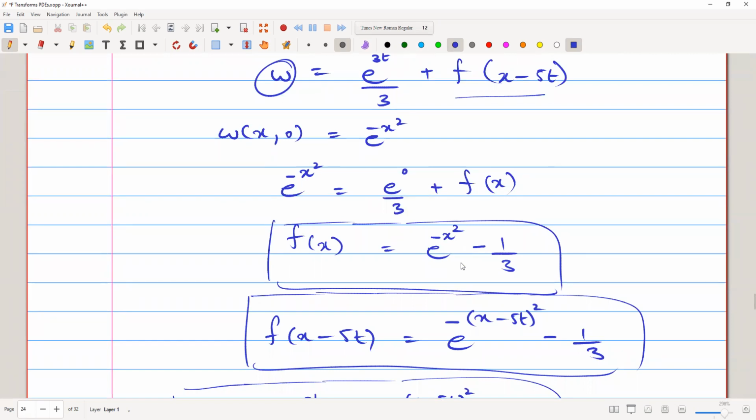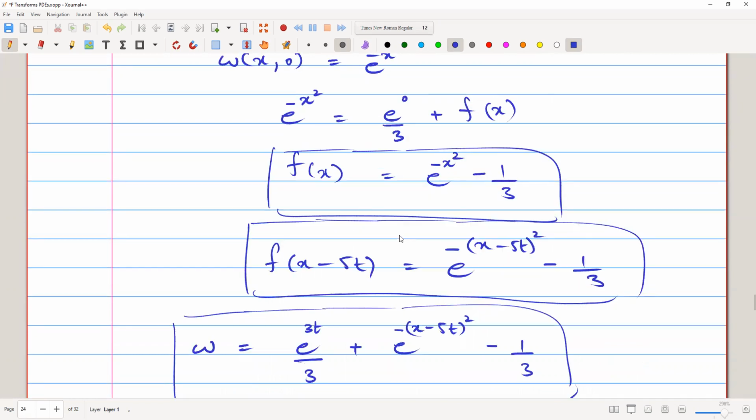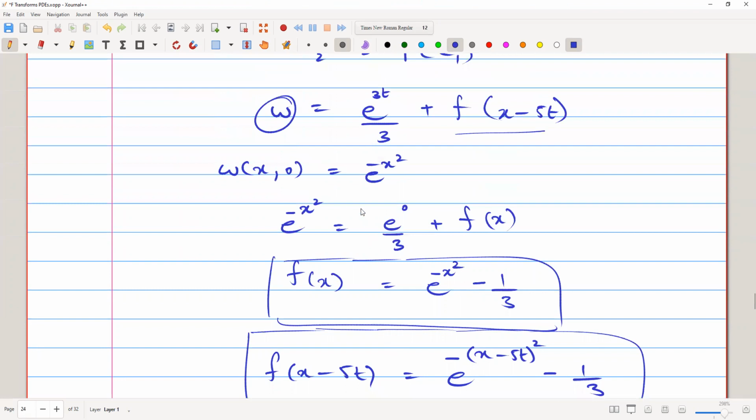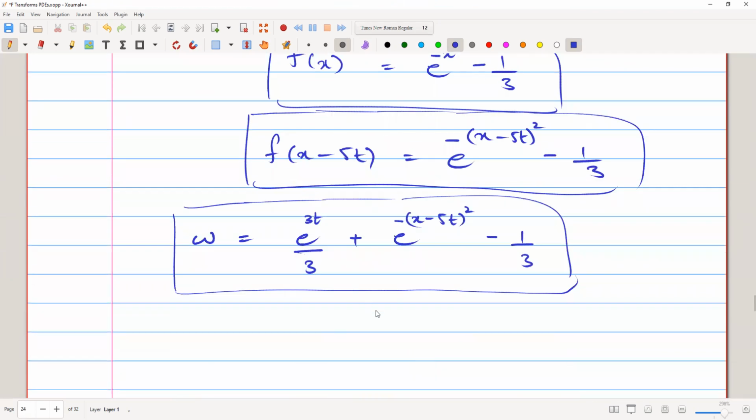If we look at the problem and the initial condition and plug in w(x,0), we are going to get e to the power negative x squared, because this thing here will be 1/3. So let's try it. w(x,0) equals e to the power 0 over 3 plus e to the power negative (x minus 0) squared minus 1/3.